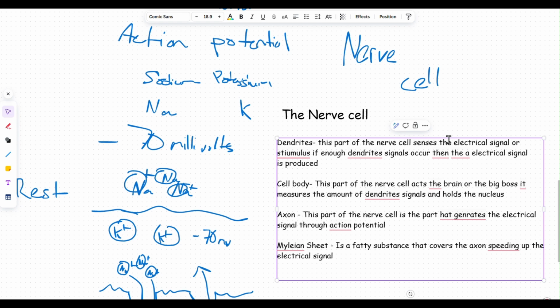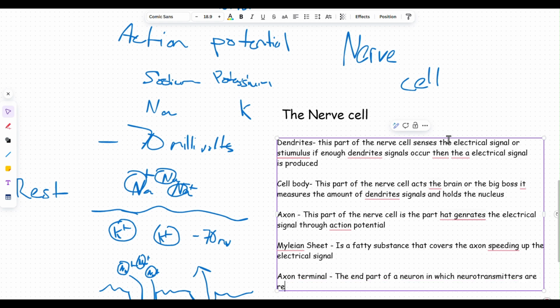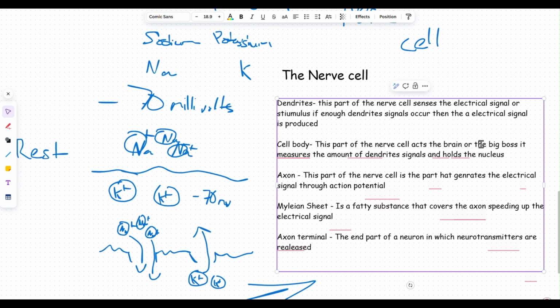The axon terminal. The end part of a neuron, in which neurotransmitters are released. Synapse. The gap between neurons in which the neurotransmitter flows through.